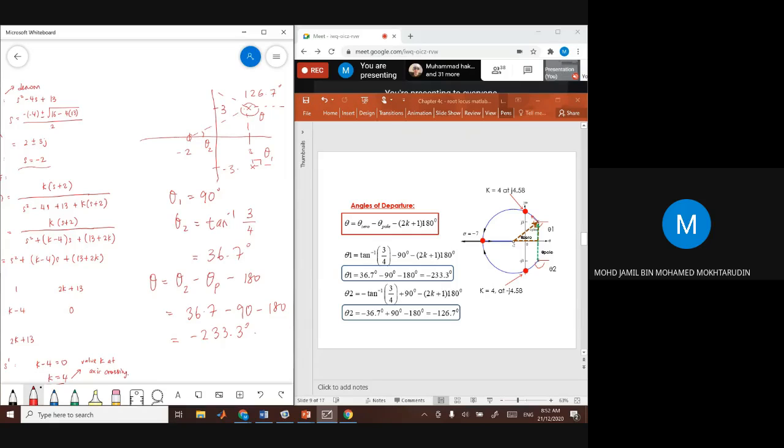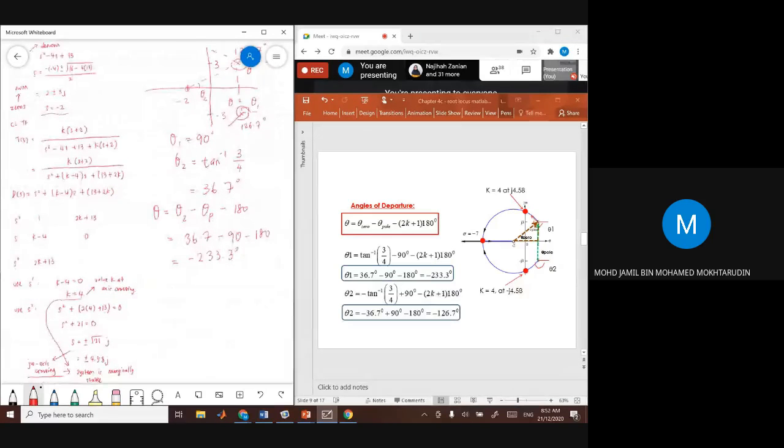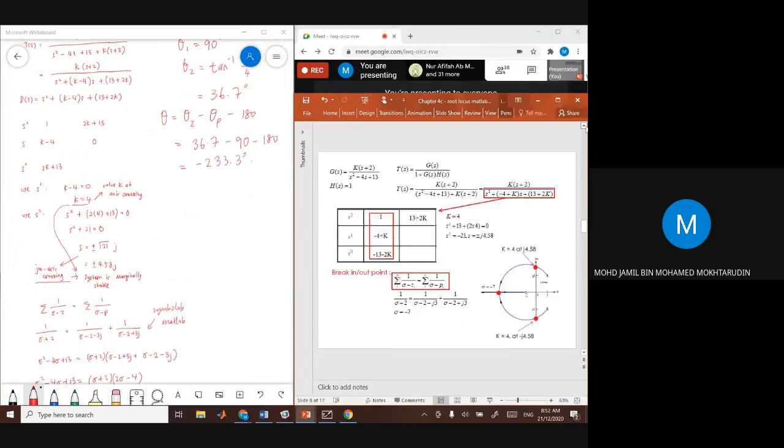Okay. So this angle here is also the same, 126.7. Okay, because it's symmetric, so these two angles are the same. Okay, so we get all the information needed from the question.